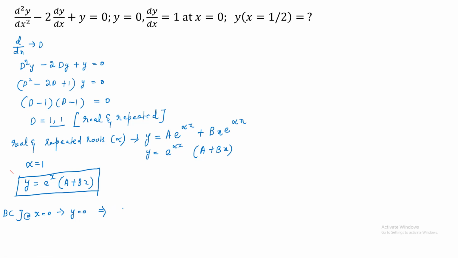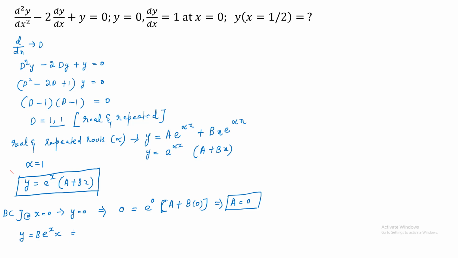If we substitute this, y will become 0, and we will have e power 0 into a plus b into 0, right? e power 0 is 1 and this term will vanish, which will give us a is equal to 0. Now our y equation reduces to e power x into b into x, right? Now it reduces to this.